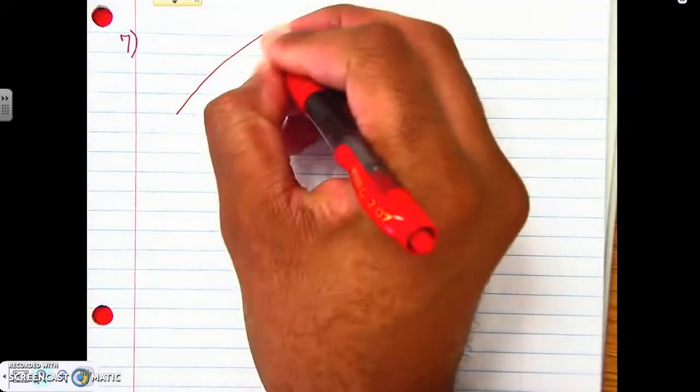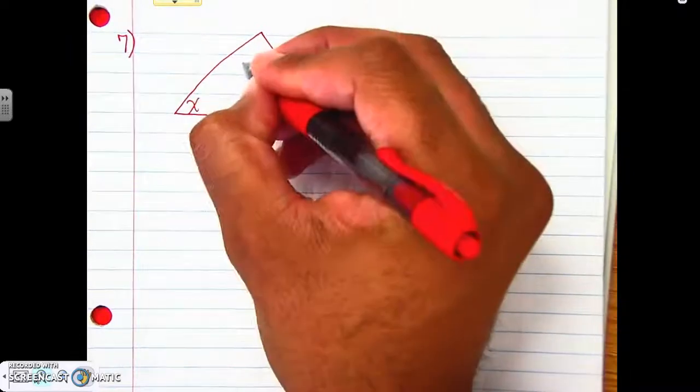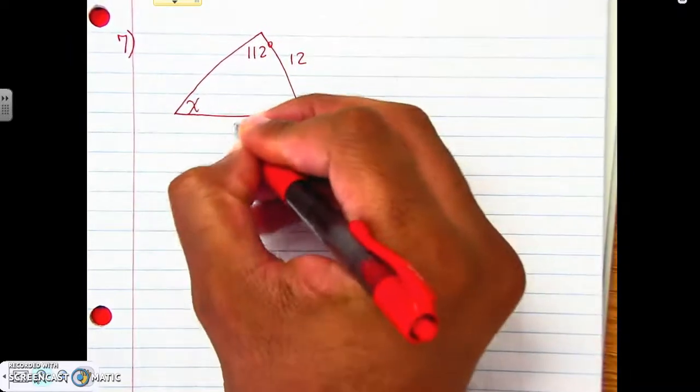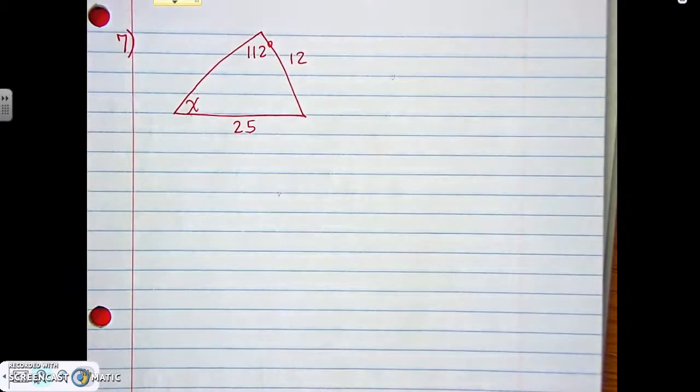So for number 7, they give you this triangle. Looking at it, you have to know when the law of sines or the law of cosines is in play.